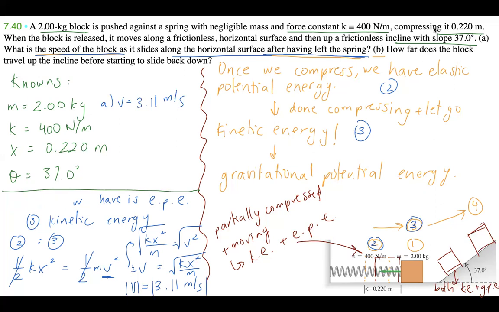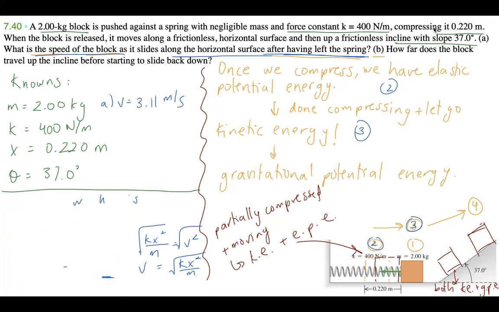I'm going to erase this so that we can do part B right over here as well. Part B says, how far does the block travel up the incline before starting to slide back down?